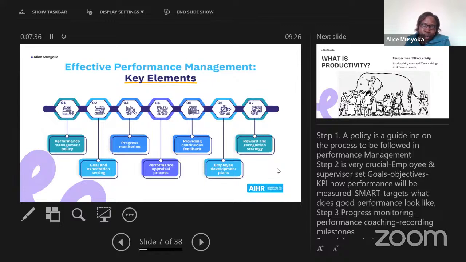But I think to overcome that challenge, we need to first of all define the KPIs very well. And allow me to say that all jobs can be measured, whether quantitatively or qualitatively. And we need to look at qualitative measures. Like for instance, if you want to measure customer satisfaction, I know most of our organizations use customer satisfaction surveys.